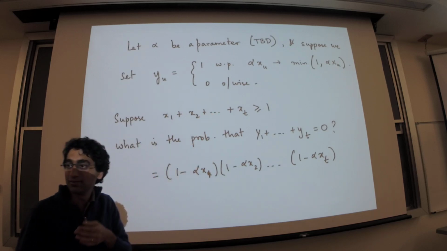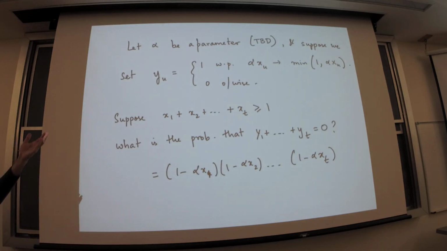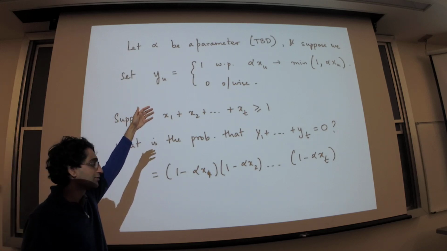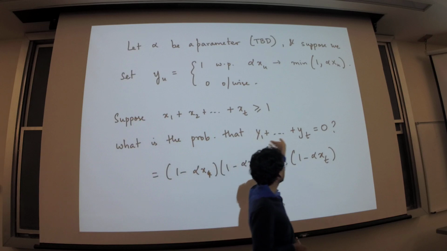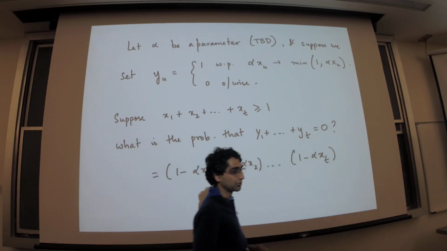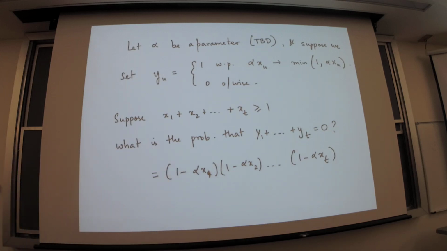Right, so in that case, y_i will always be set to 1. Okay? So there is no way that the sum of y_i is actually equal to 0. So the probability is actually equal to 0. That becomes a trivial case, and so we will not bother about it. You don't need to worry about alpha x_i becoming more than 1. You could have picked alpha pretty large and still nothing bad would happen.